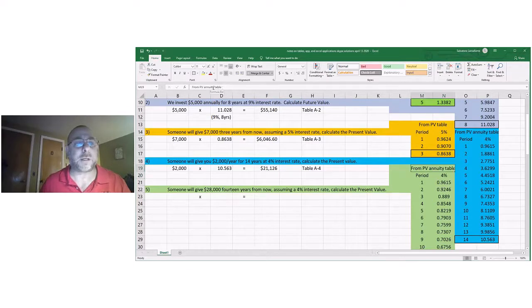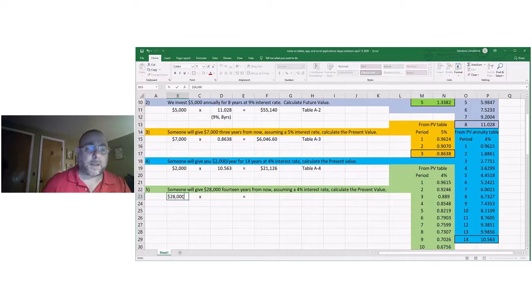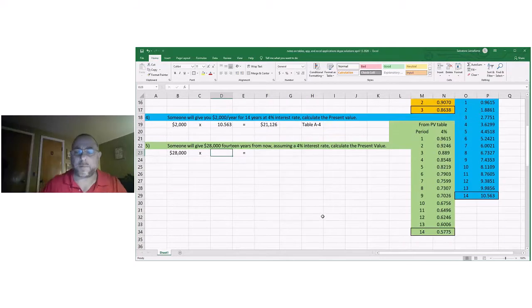So let me get rid of the word annuity. Okay, so regular present values. So you're going to look up the number 28,000, and you're going to be multiplying that by 4% and where 14 intersect. And you're going to get 0.5775. Do that multiplication.